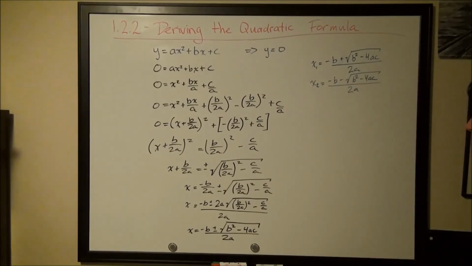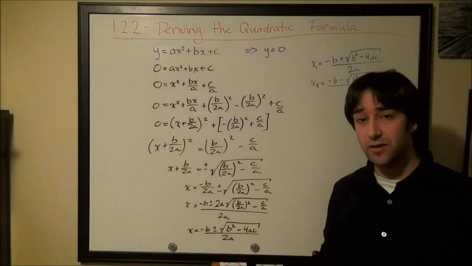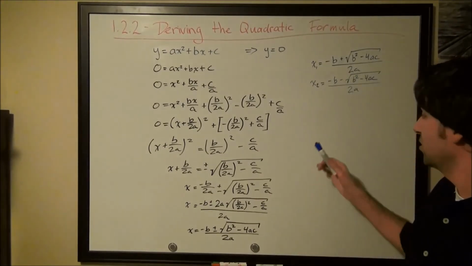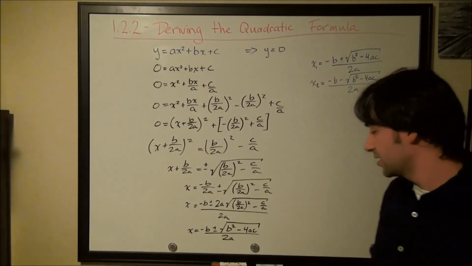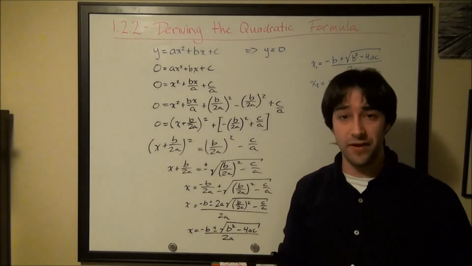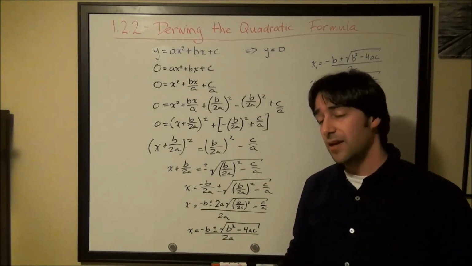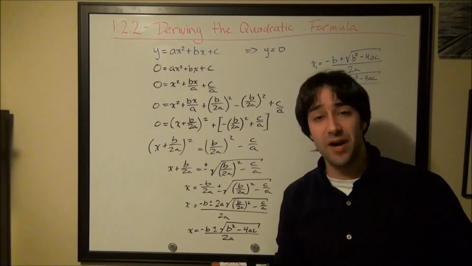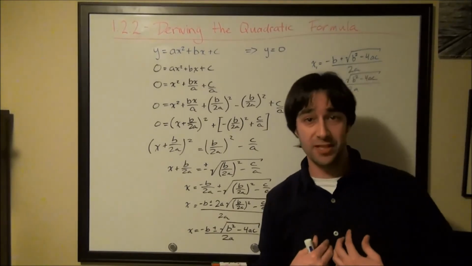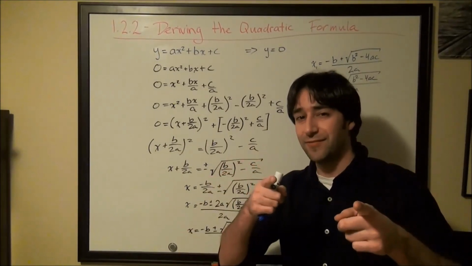This will give us three cases, which we'll talk about in our next tutorial. But for now, I hope that this was useful, and definitely you can use this quadratic formula in order to find the roots of any quadratic function. Thank you for watching. This has been a production by Physics Man Education. I'm Physics Man. I'll see you in the future.